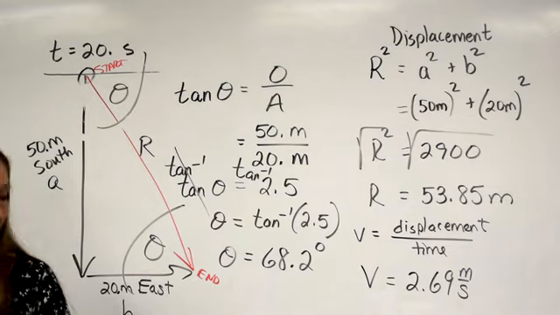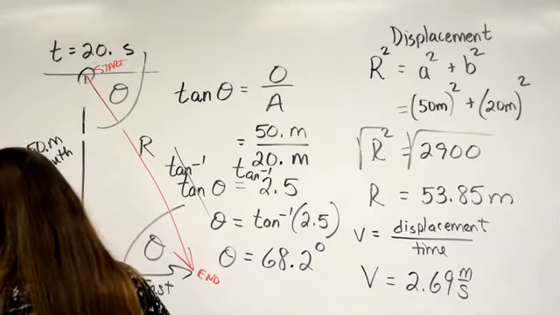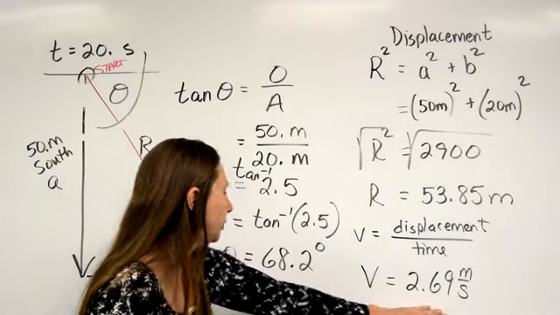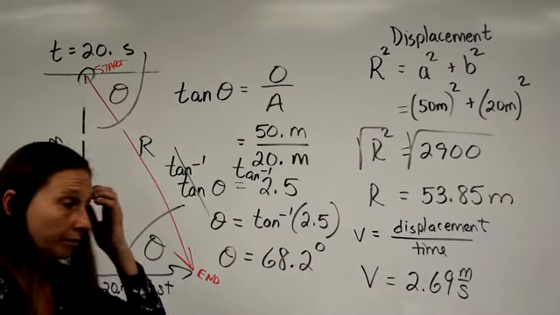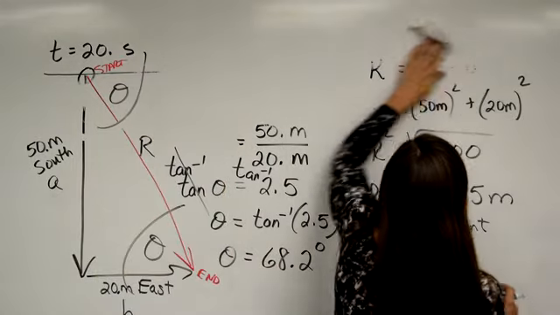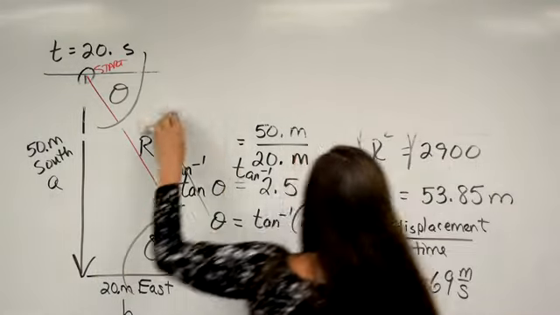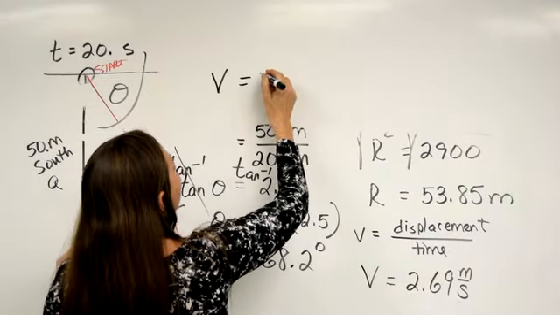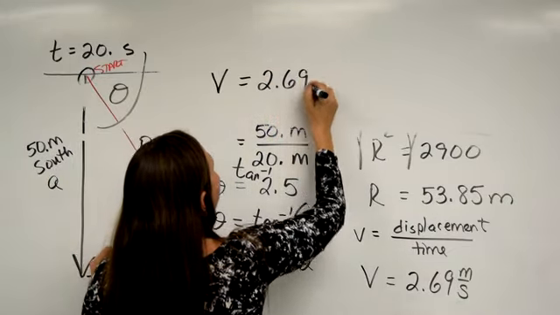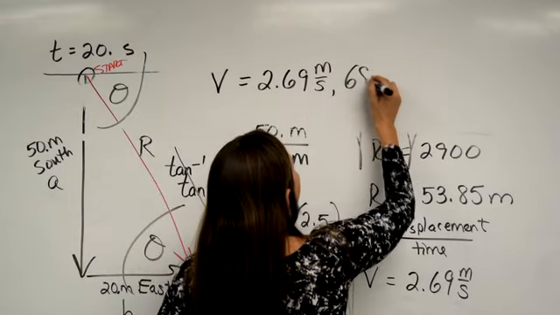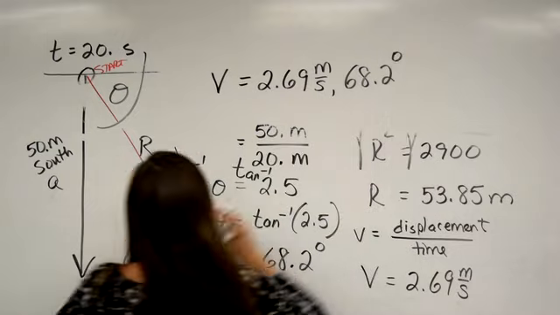So now to state the entire velocity, you need to state the magnitude and the direction. So the velocity is 2.69 meters per second, 68.2 degrees.